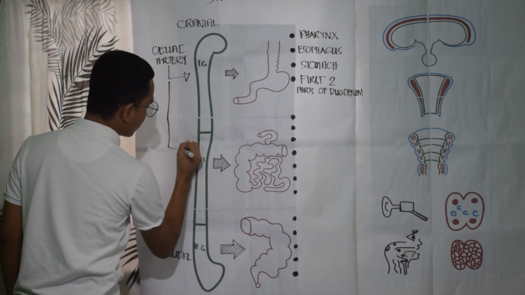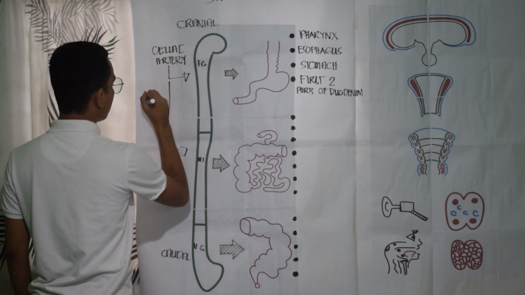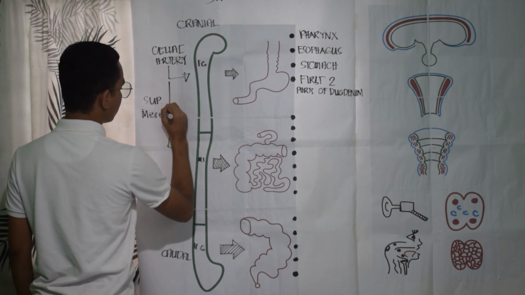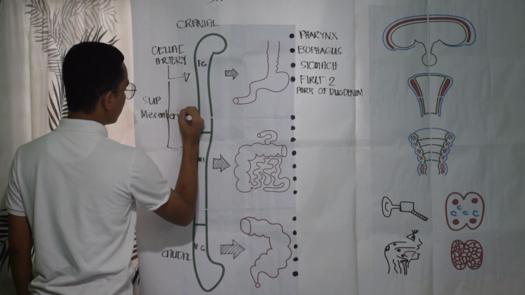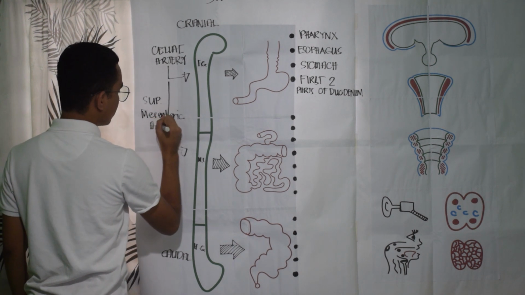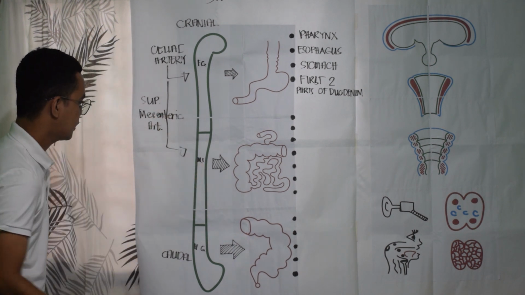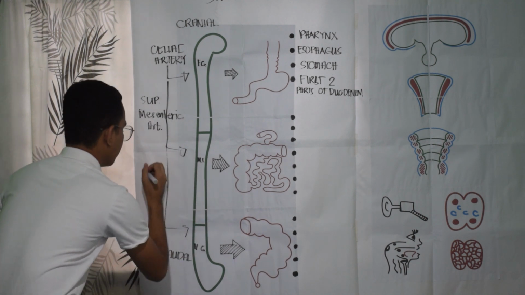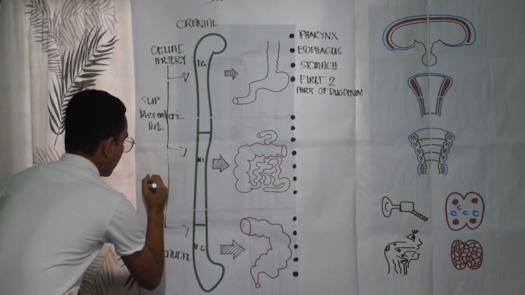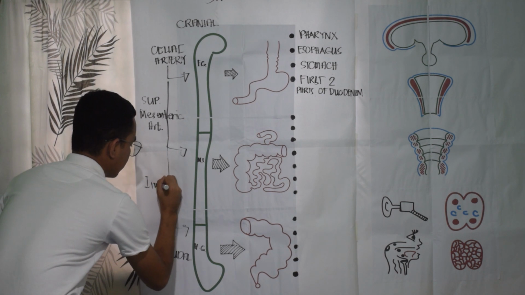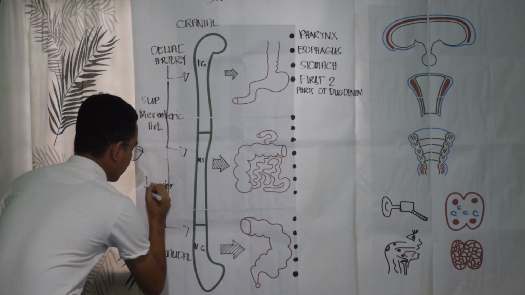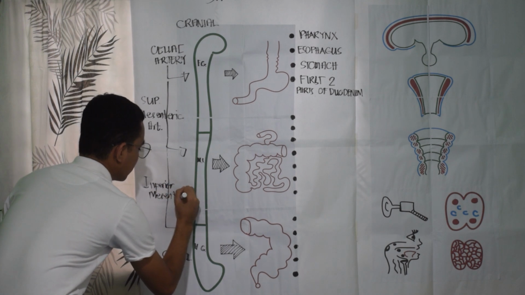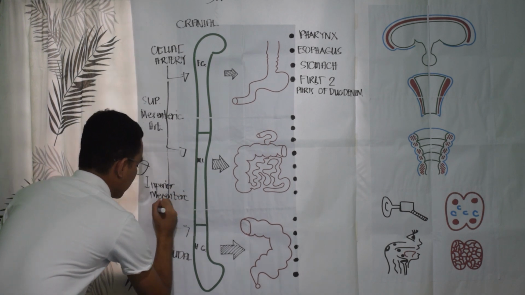The superior mesenteric artery, here, superior mesenteric artery, supplies blood for your midgut. And its inferior counterpart supplies blood for your hindgut. Inferior mesenteric artery.